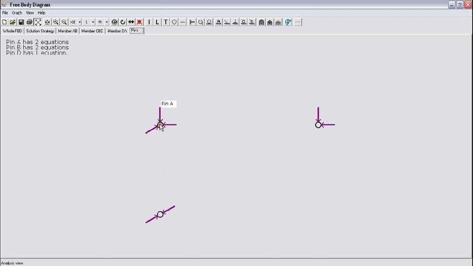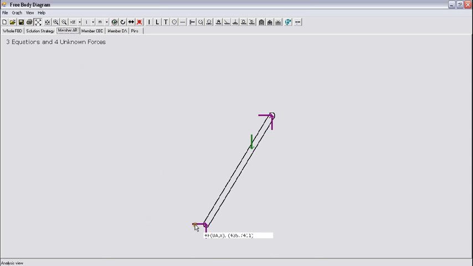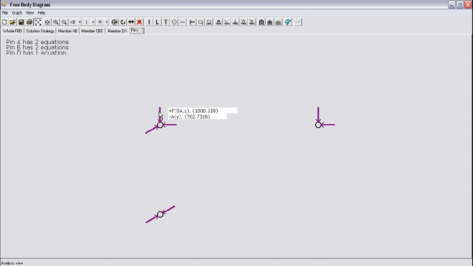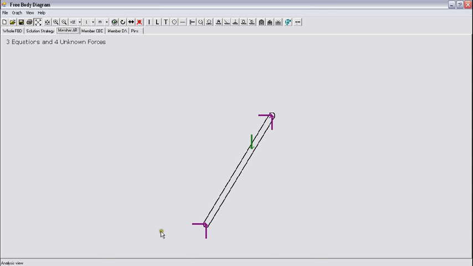Now if I look at the equilibrium of pin A, what do we see? We see 0AX coming from member AB, 0AY coming from member AB.